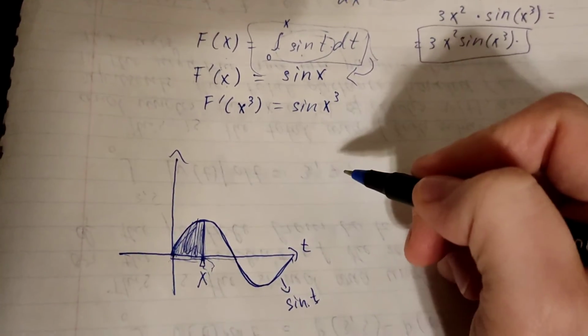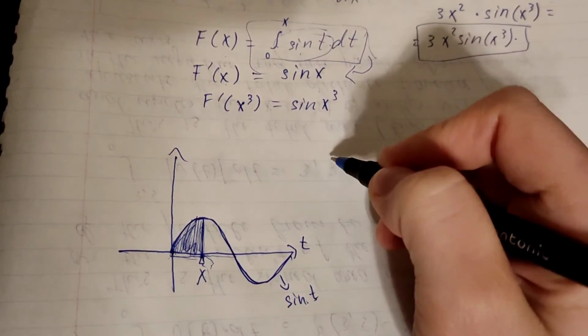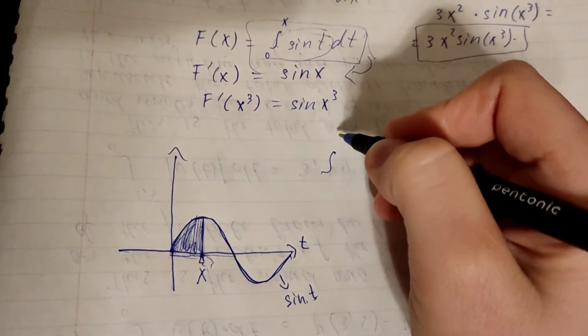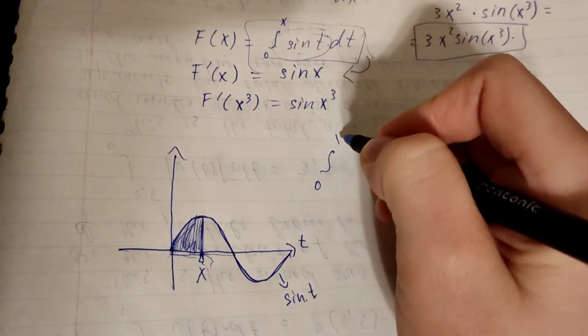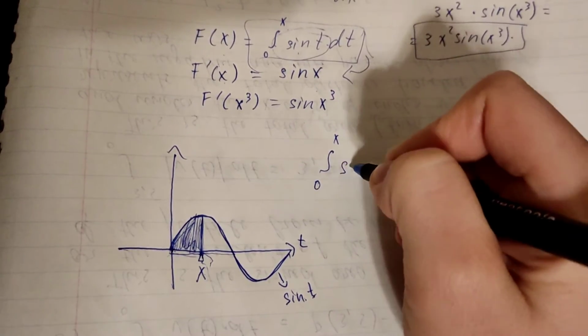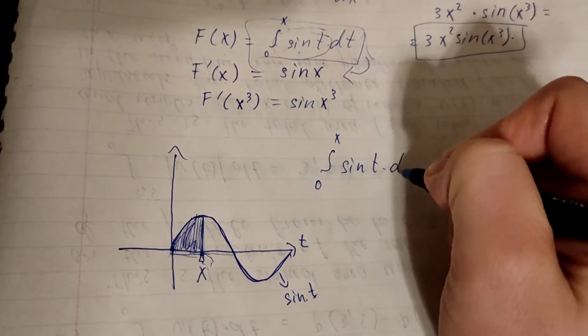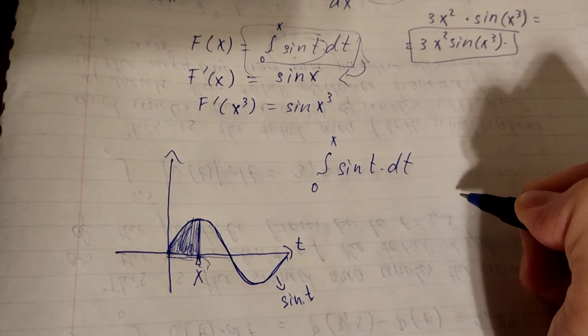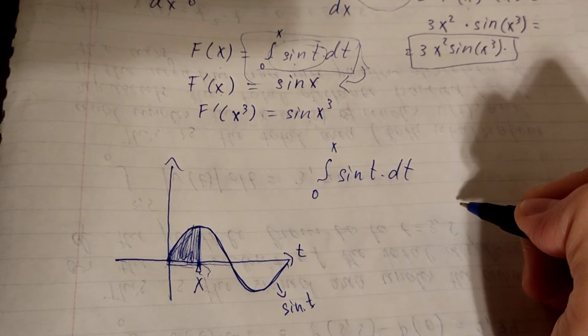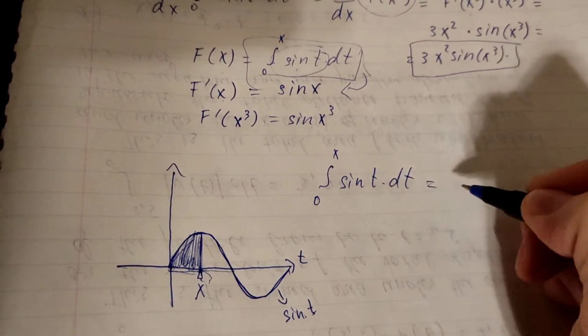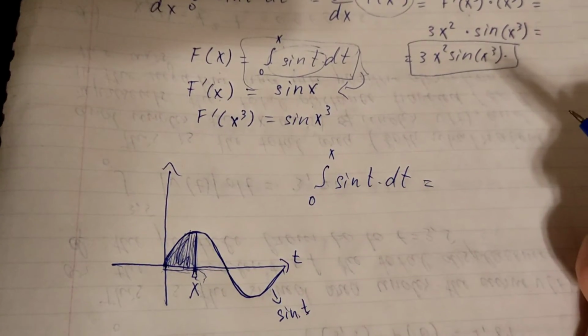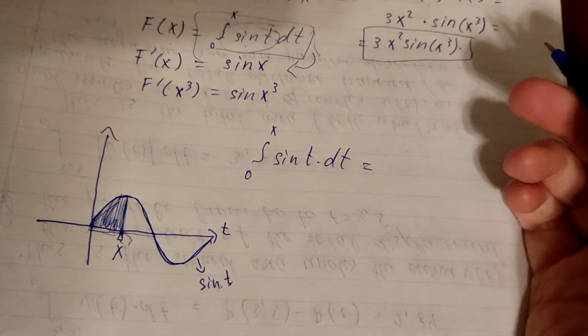So what do you usually do with derivatives? So say you have, again, I just rewrote this thing again. So sine of t times dt. How would you take the integral of that? Well, you would go, what gives you the derivative of sine? So what would do that?